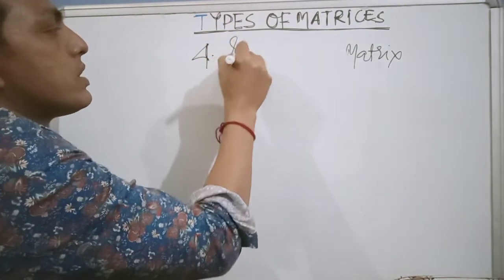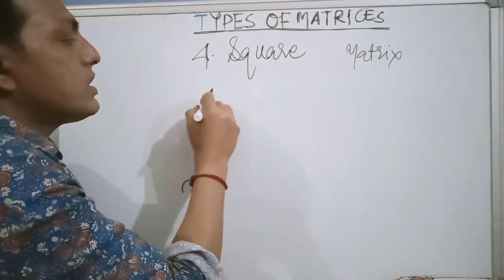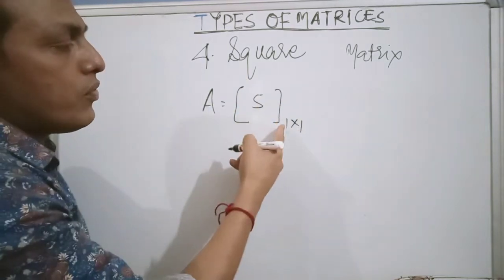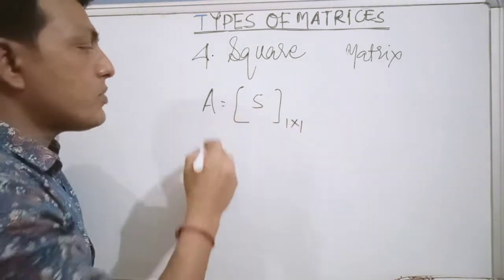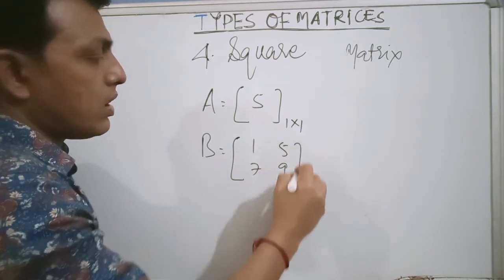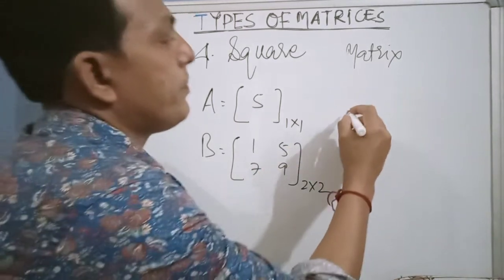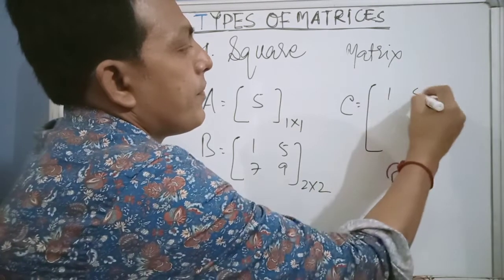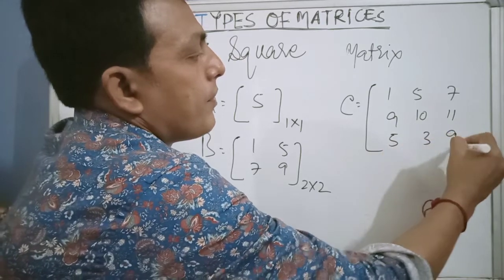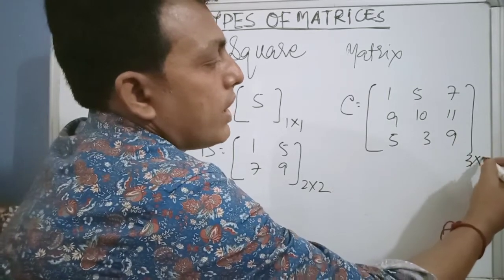Number 4 is square matrix. See, a matrix of order 1 by 1, number of rows and number of columns are equal. Three rows, 3 columns, the order 3 by 3.